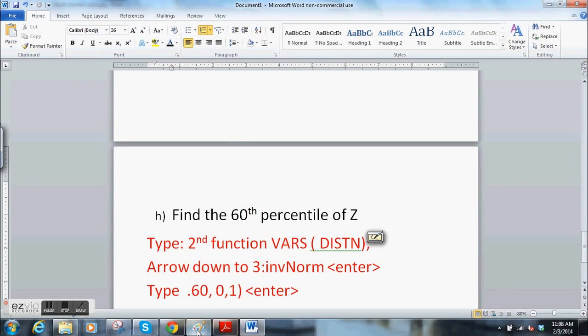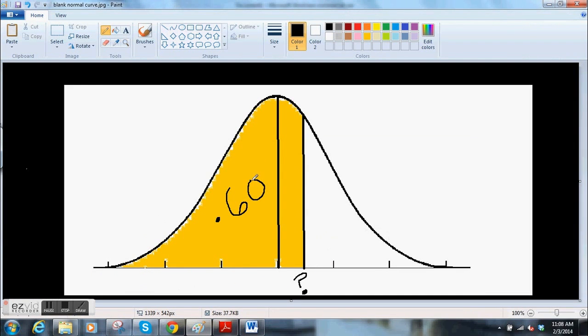Did I say 60%? Yes, 60th percentile. 0.60. So we want, what is the number? We're going to call this number y. What is y, such that the probability that z is less than that equals 0.60?